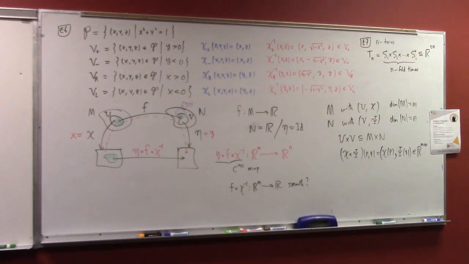To make that precise is a pain, because I have to look at the inverse image of the chart in the codomain. The function we really care about is the mapping from n to R^n, ultimately.